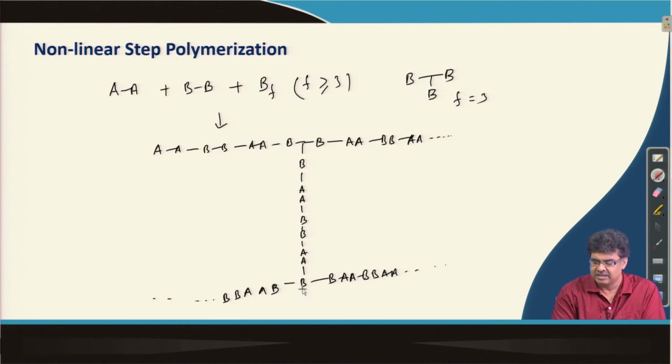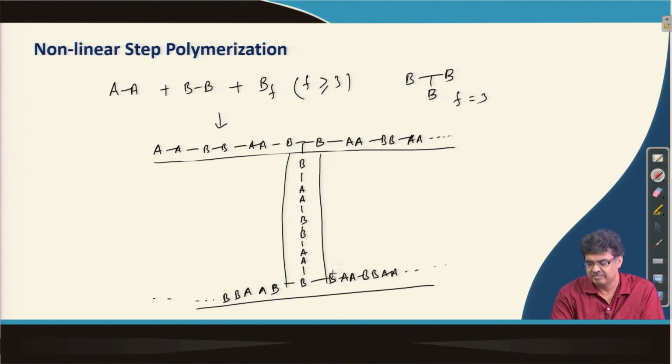So, in this case this is one linear chain, this is another linear chain, and these two chains are connected with this bridge, which are called cross links.